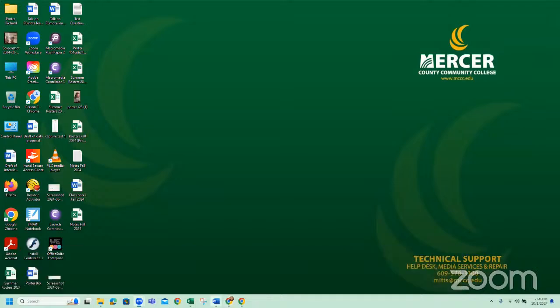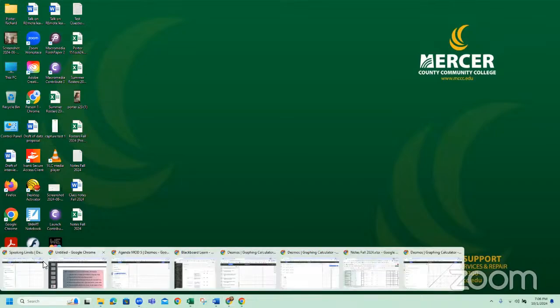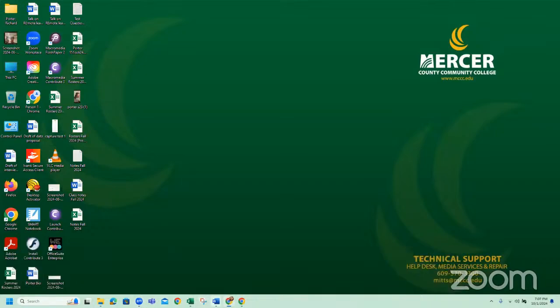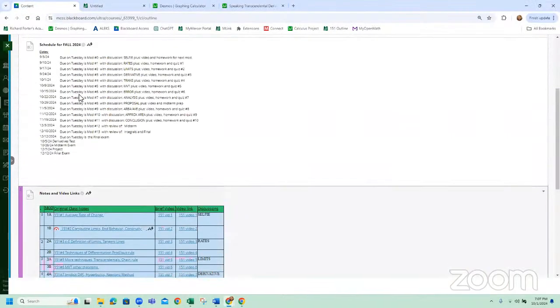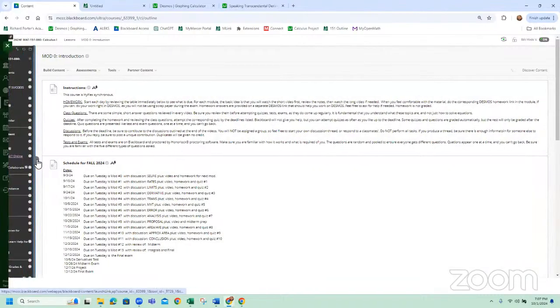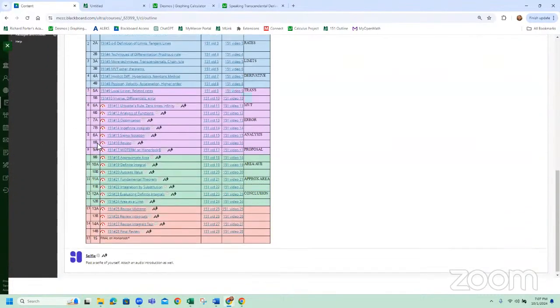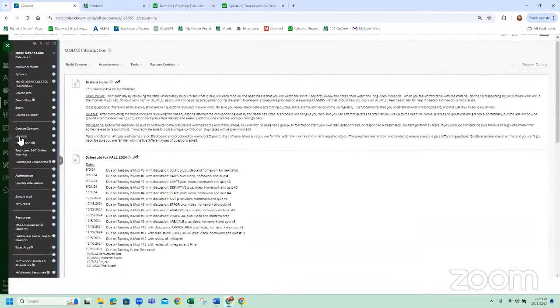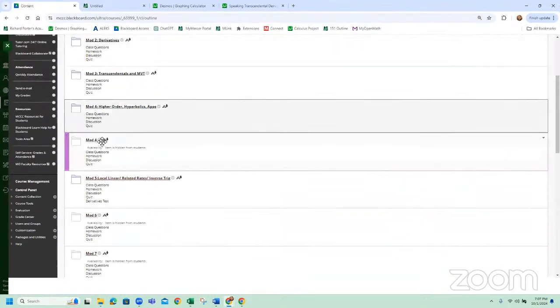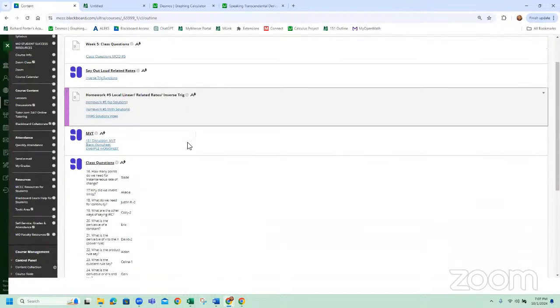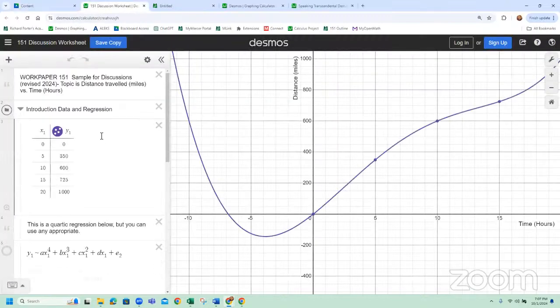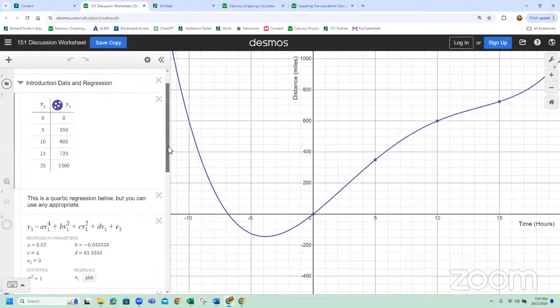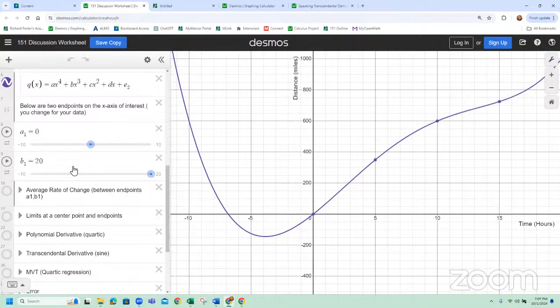So what am I looking for? In mod 5, there's something called the mean value theorem. Here's what I need you to do if you haven't done it already. I need you to identify what a and b are.